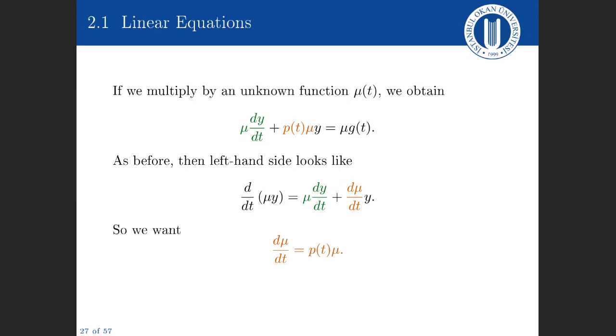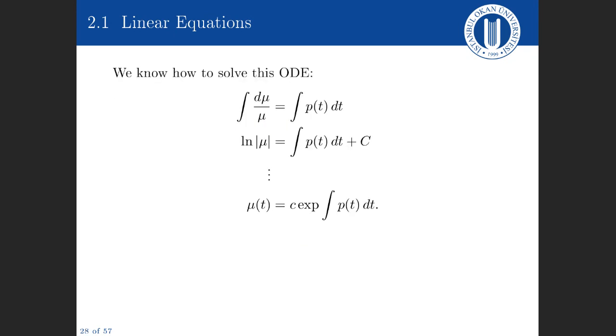We know how to solve this. We can solve this by separating the variables. So move all of the mu terms to the left, here they are. Move all of the t terms to the right, there they are. Because these are separated, we're allowed to integrate. An integral sign on both sides.